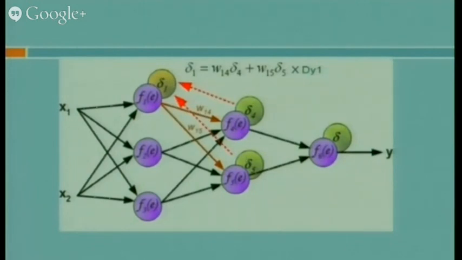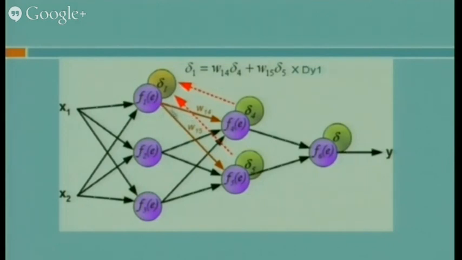Now delta 4 we have calculated, delta 5 we have calculated. Now for delta 1, 2 and 3. Delta 1 means the path which is going from 1 to 4 and 5. So the delta from both of these will contribute to the calculation of delta 1. Remember it, right?